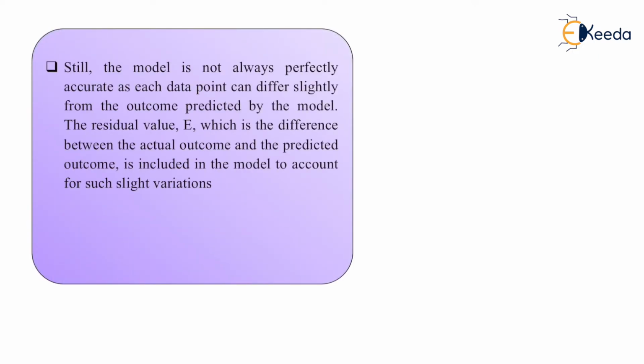Still, the model is not always perfectly accurate, as each data point can differ slightly from the outcome predicted by the model. The residual value, that is E, which is the difference between the actual outcome and the predicted outcome, is included in the model to account for such slight variation.